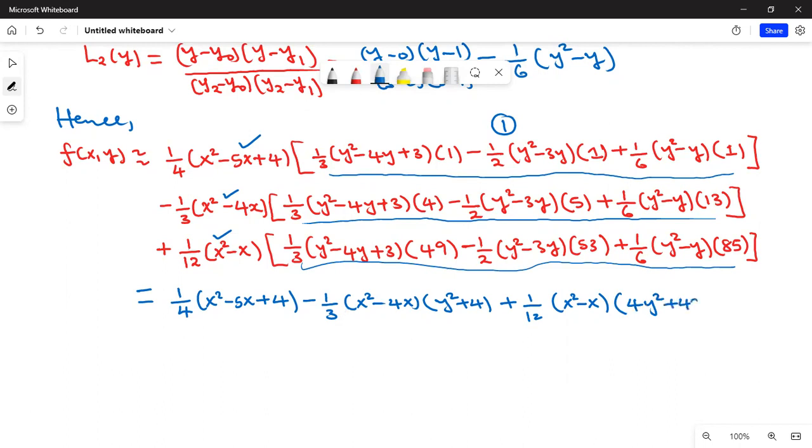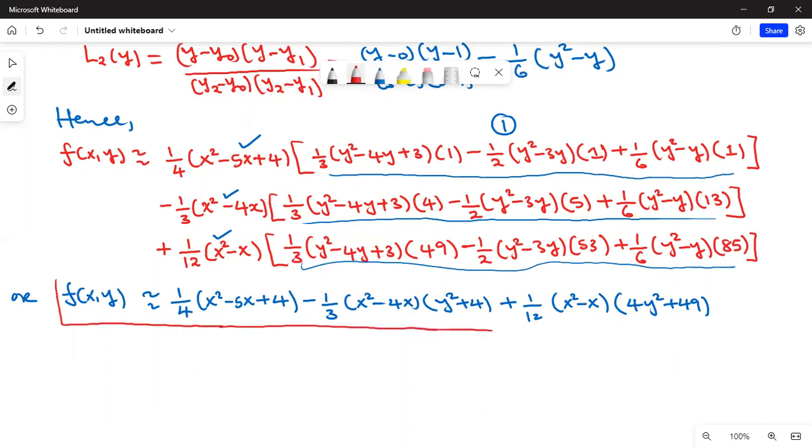So you can just say, or f of x, y. Of course, this should be approximately equal to, because it is an interpolating polynomial, so it can't be exact. So it's approximately equal to that. So this is our polynomial, the interpolating polynomial for the given data. So let me bracket it.